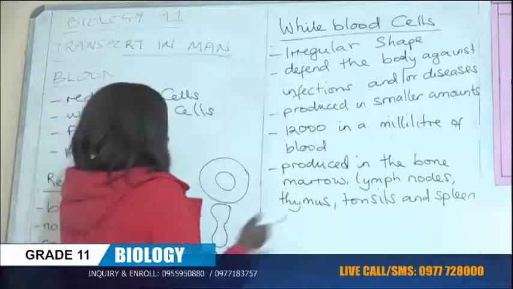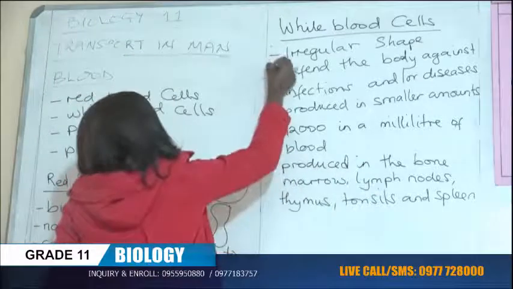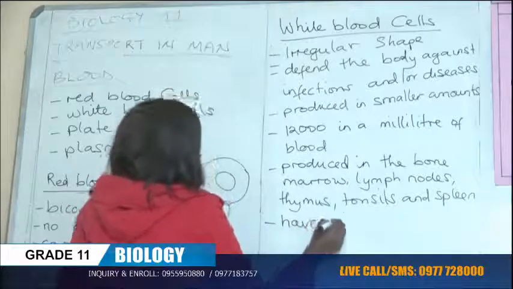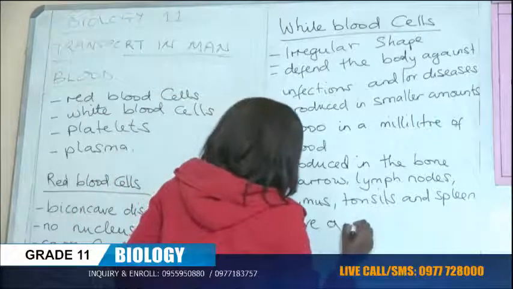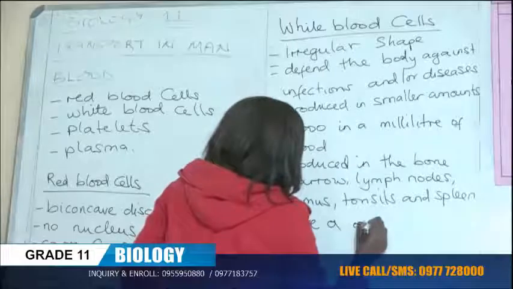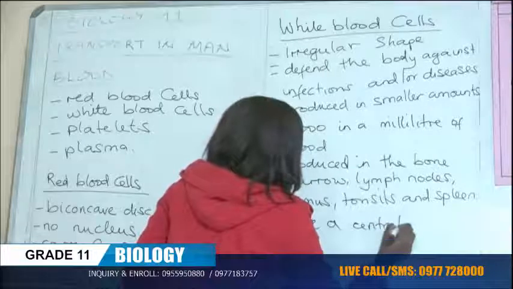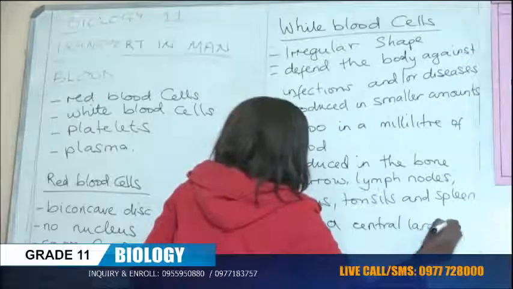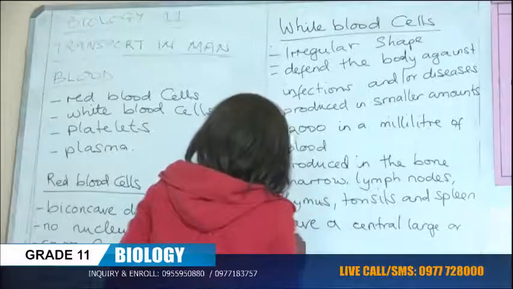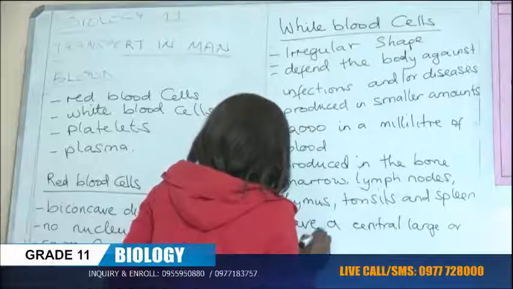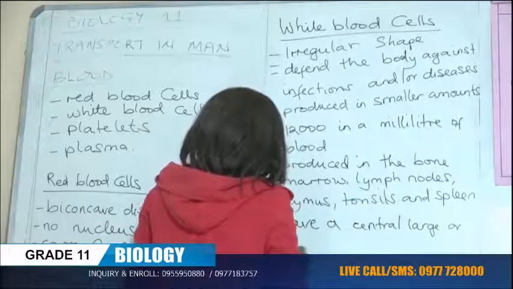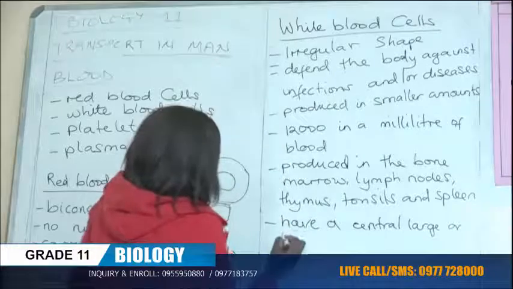The white blood cells have a nucleus, a central, large, or lobed nucleus, depending on the type, which we looked at last time.